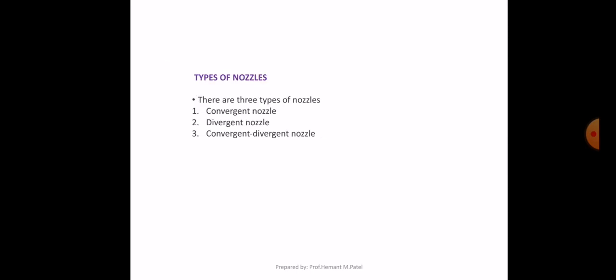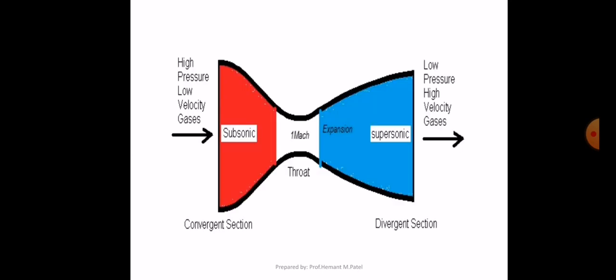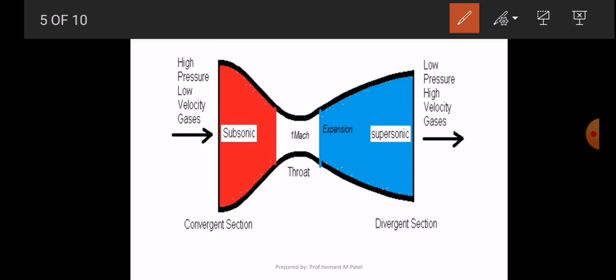Okay, so here you can see types of nozzle. There are generally three types of nozzles: convergent nozzle, divergent nozzle, and the third one, convergent divergent nozzle. So this is the convergent section, divergent section, and in between the throat, right? In the convergent section, from the entrance to exit, the cross sectional area will decrease.